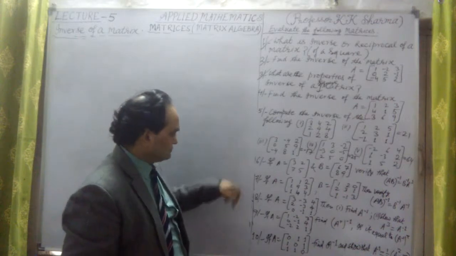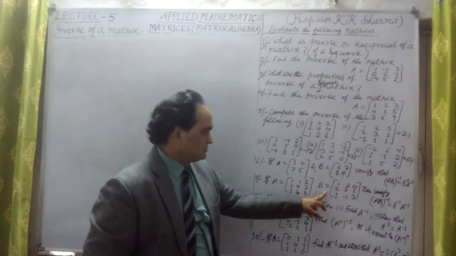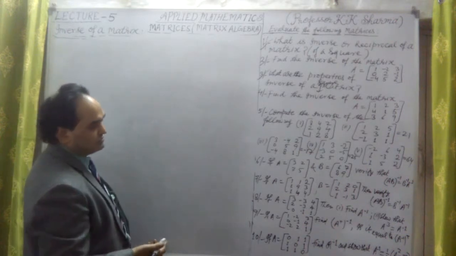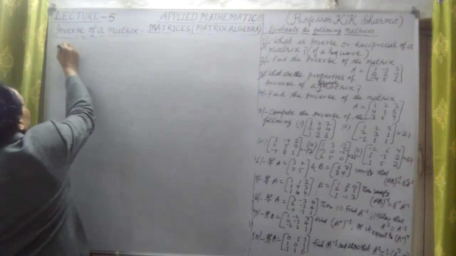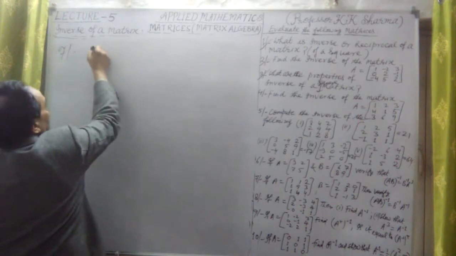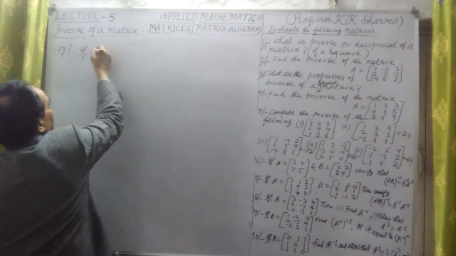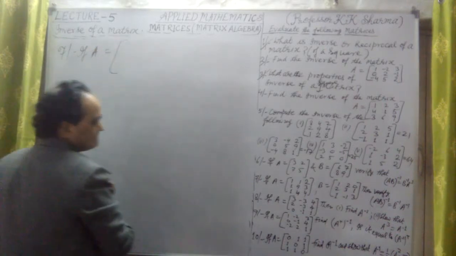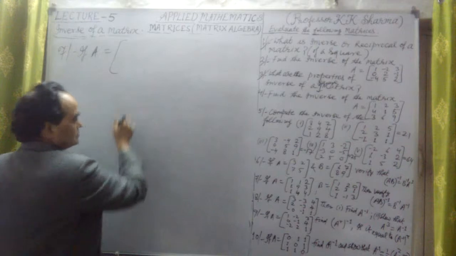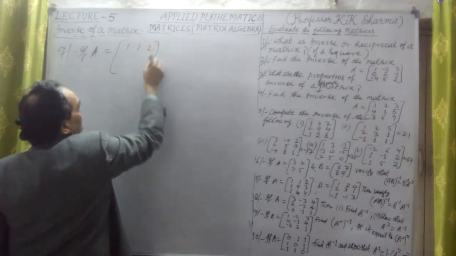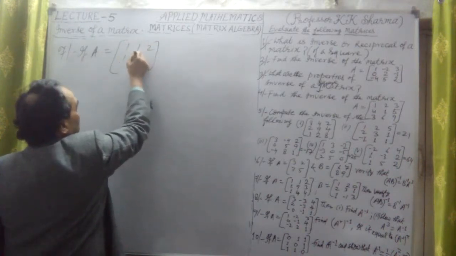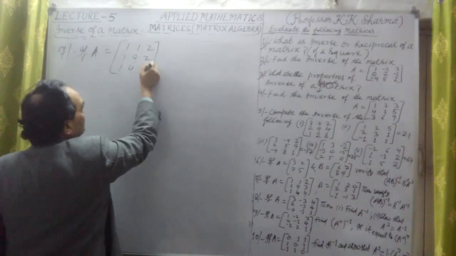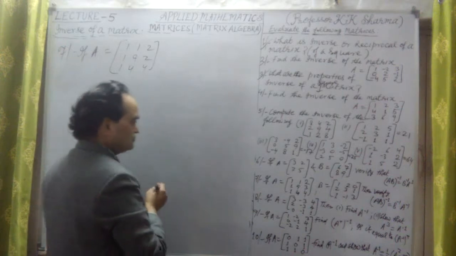Now the 7th question. What is it? A equals this, B equals this, then verify (AB) whole inverse equals B inverse into A inverse. The same thing we have proved. Here the only difference is that A is a square matrix of order 3. A is 1, 1, 2; 1, 9, 2; 1, 4, 4.